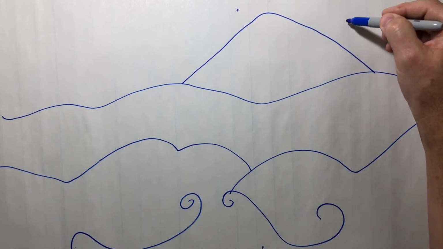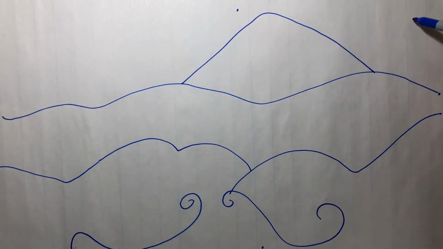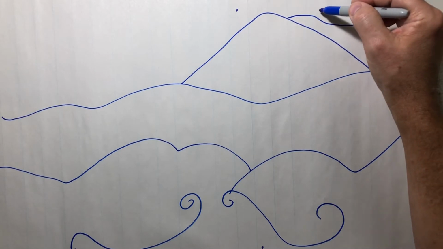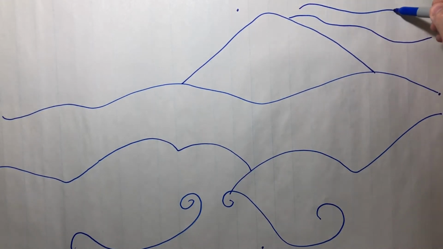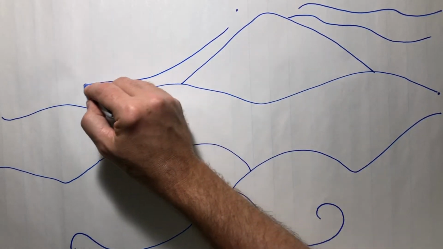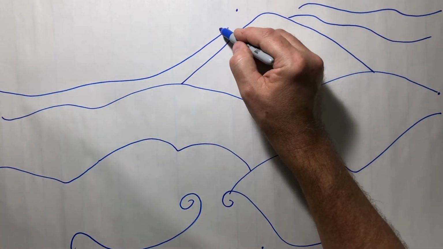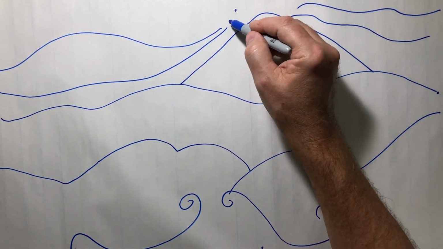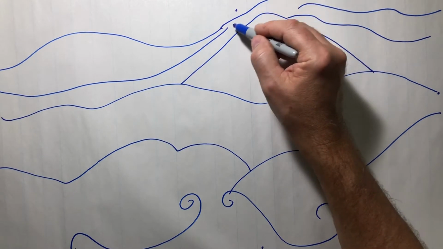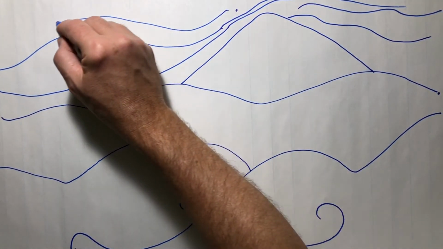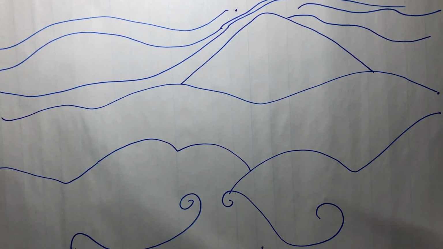And let's put some swirly lines up in the sky. Just make these lines go from one side to the next.